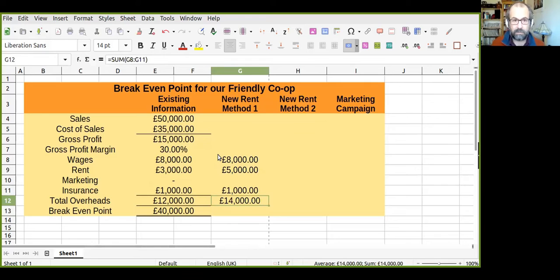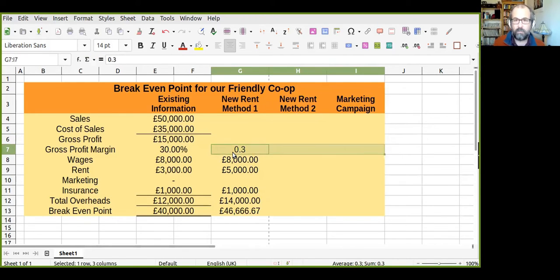We get a new overhead of 14,000, and to work out how much we would need to sell in the new premises, we could work out the total break-even point. So the break-even point is 14,000 divided by 30%.